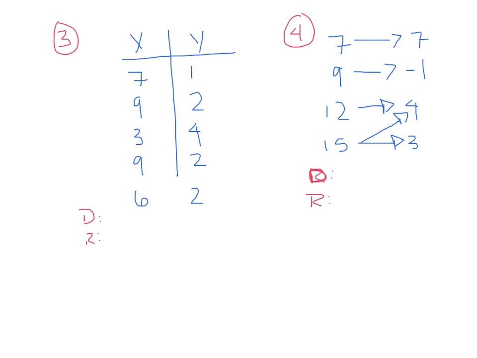We should have had a domain of 7 and 9, sorry, 3, 6, 9, and 7 comes first. And then our range should have been 1, 2, and 4. Over here we should have had a domain of 7, 9, 12, and 15. Over here our range should have been -1, 3, 4, and 7.